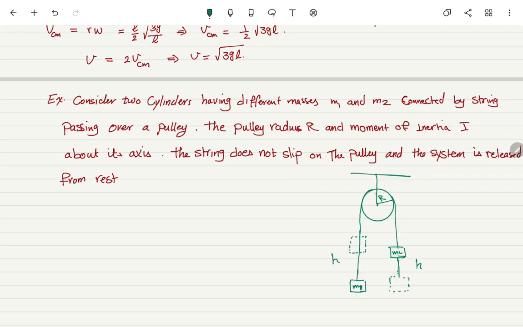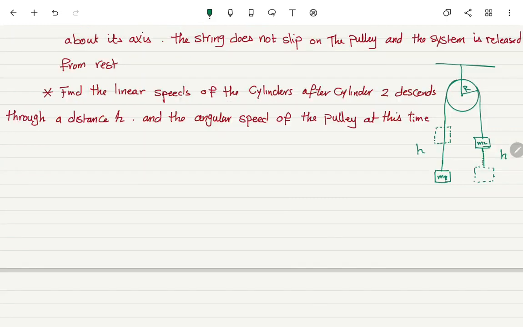This is the pulley with radius R, and we have two cylinders M1 and M2. Now M1 drops from height h, as we can see here. The question is, find the linear speeds of the cylinders after cylinder 2 descends through a distance h and the angular speed of the pulley at this time.